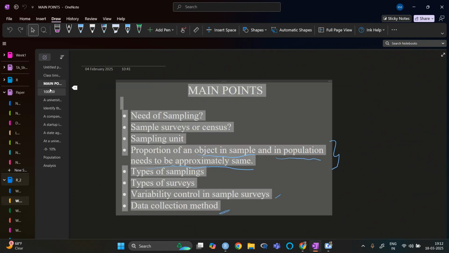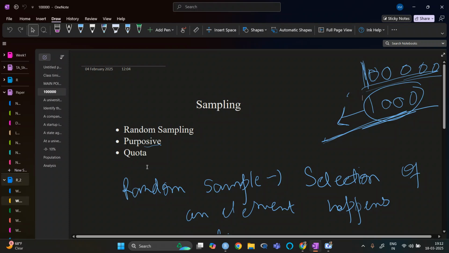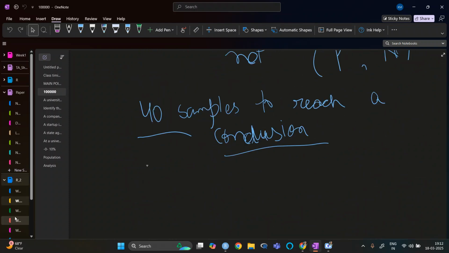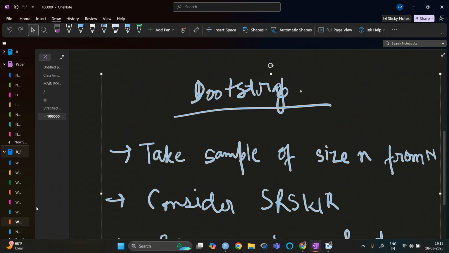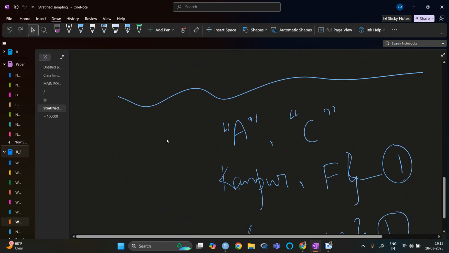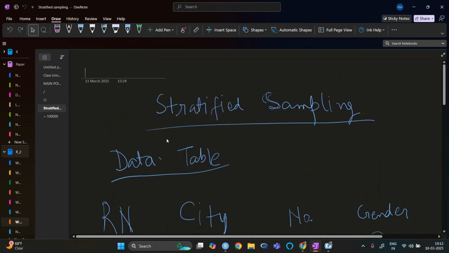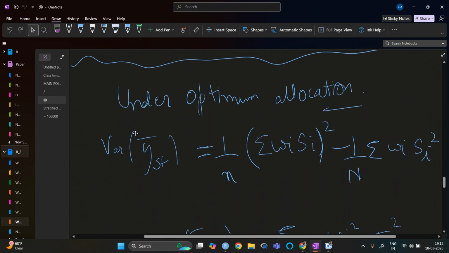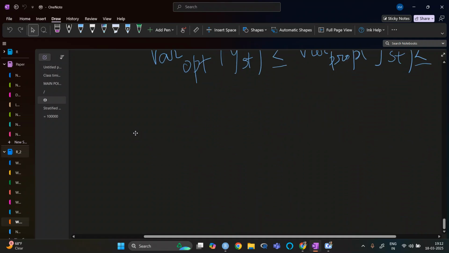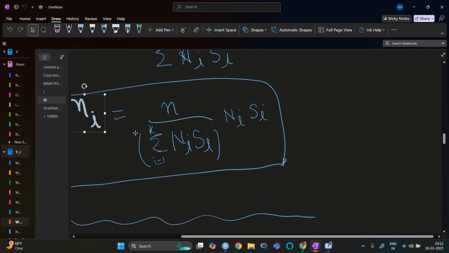In stratified samples also, I think we have done that. This is variance, proportion, allocation.